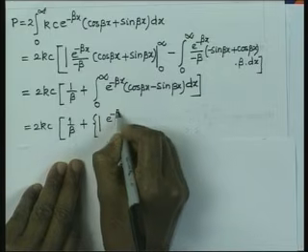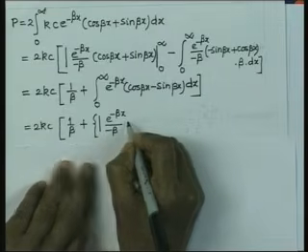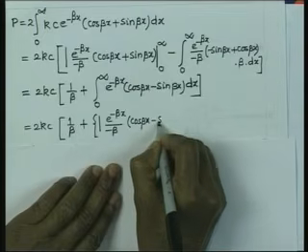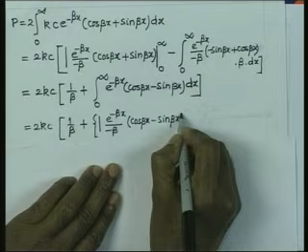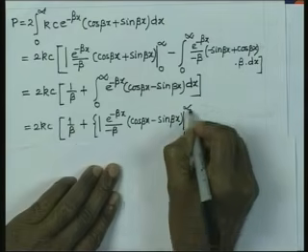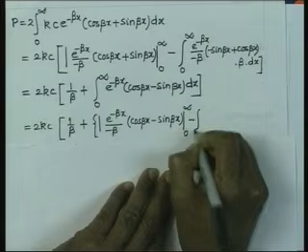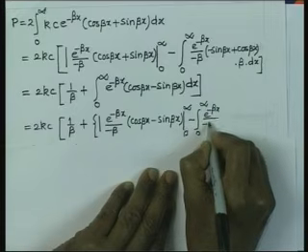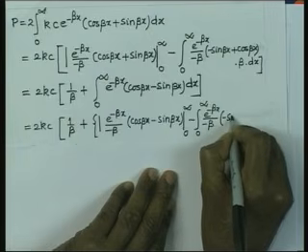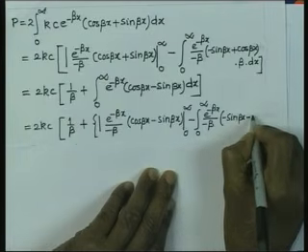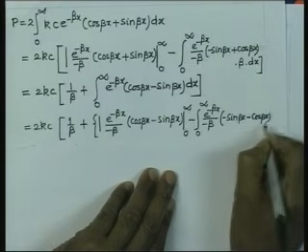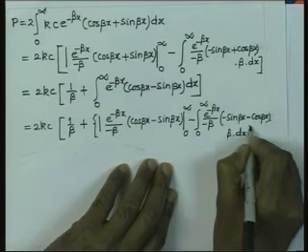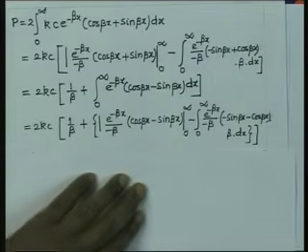So, e to the power minus beta x by beta, minus beta cosine beta x minus sin beta x, 0 to infinity, minus integral 0 to infinity, minus e to the power beta x, minus beta minus sin beta x minus cosine beta x into beta into dx. So, that is the expression.